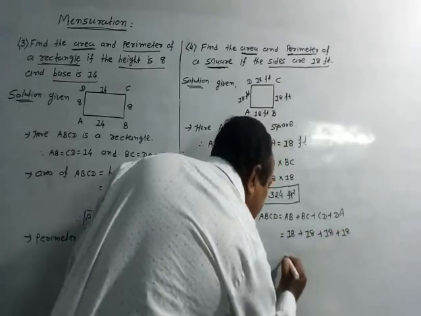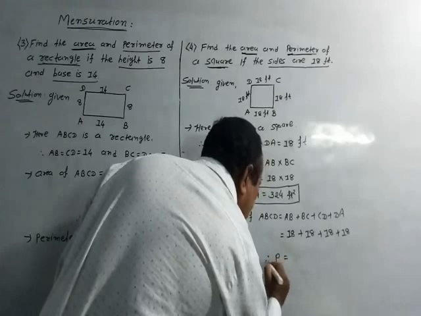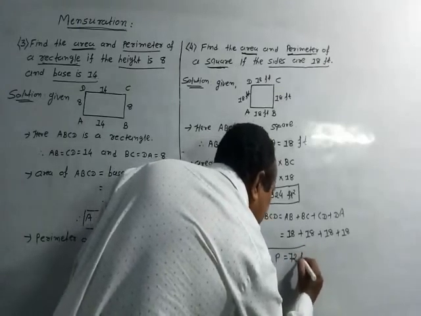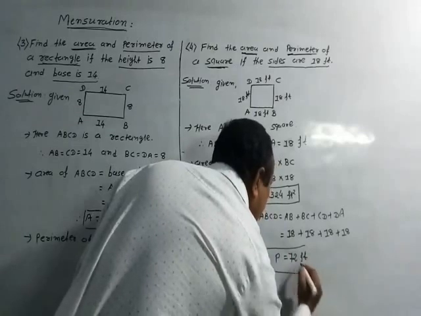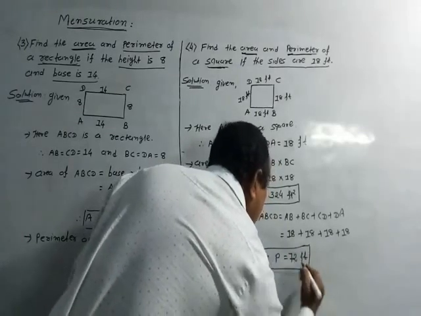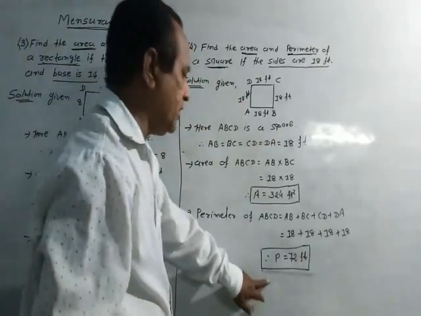Now 18 plus 18 plus 18 one more time, then 72 feet. Here is our answer, the perimeter of ABCD.